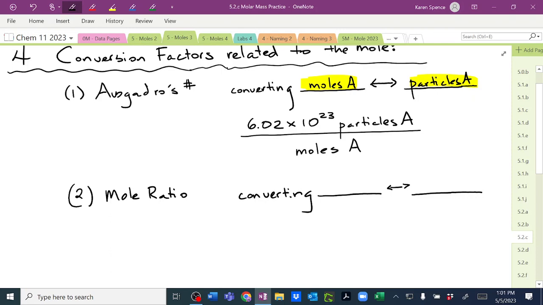What are we converting when we're using the mole ratio? We're converting not actually particles in this case. Moles. And we're converting from moles of A to what? Moles of B.